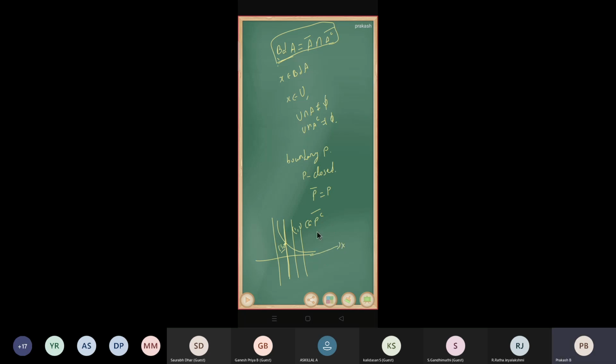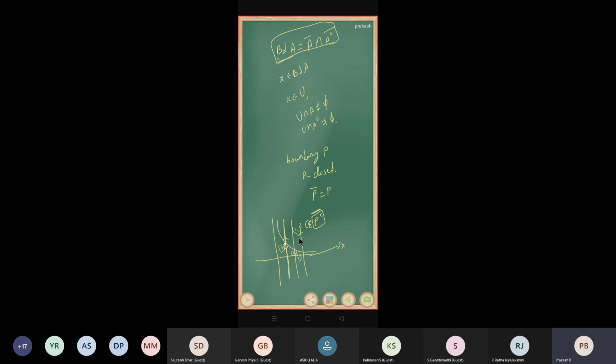So now, first we want the line except the point (1, 1). But if you take a bar, then it includes that point also, that is (1, 1). If you draw a neighborhood corresponding to (1, 1), it will intersect the remaining portion, that is an element of B complement.